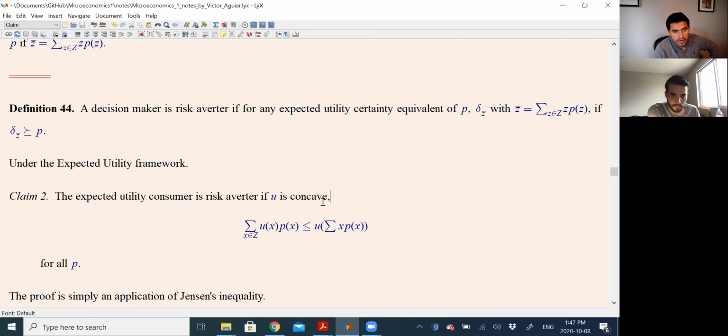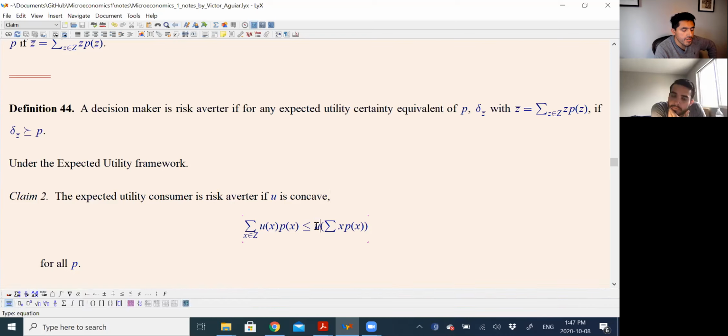So Jensen's inequality is just this property that if you take the expectation of U and you compare it with the U of the expectation, then if U is concave, the inequality will go in this direction. And if U is convex, then you have the inequality in the other direction.